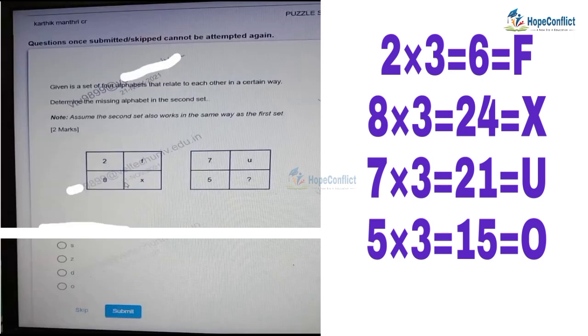For the next question, we have been given two sets which are related like the first set.